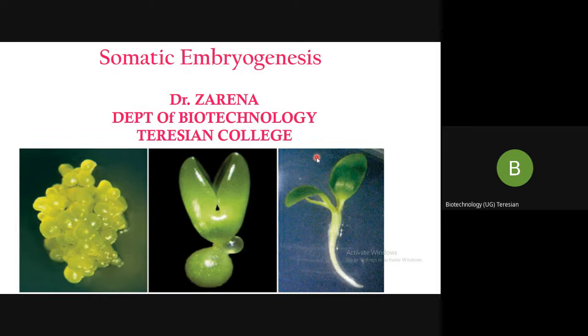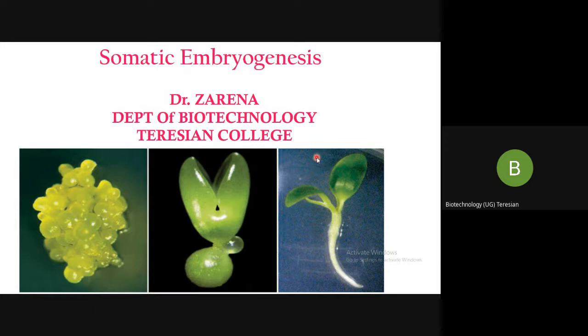So, this goes on to show cells, tissues and organs can grow into a whole plant. And why does this happen? This all happens because of totipotency, the ability of the cells, tissues, organs to form callus and suspension cultures.